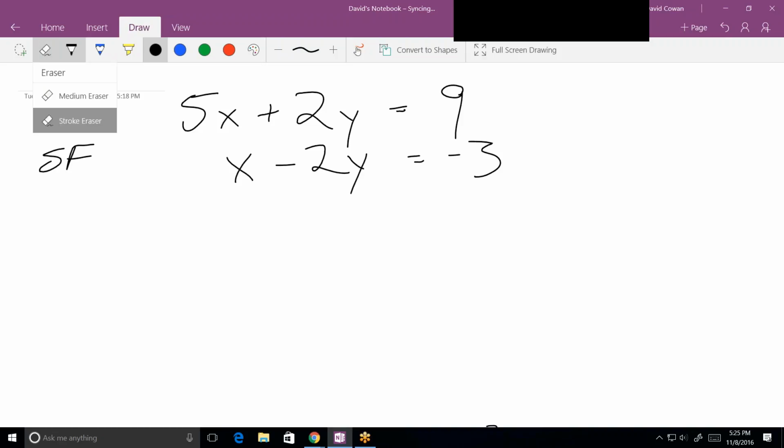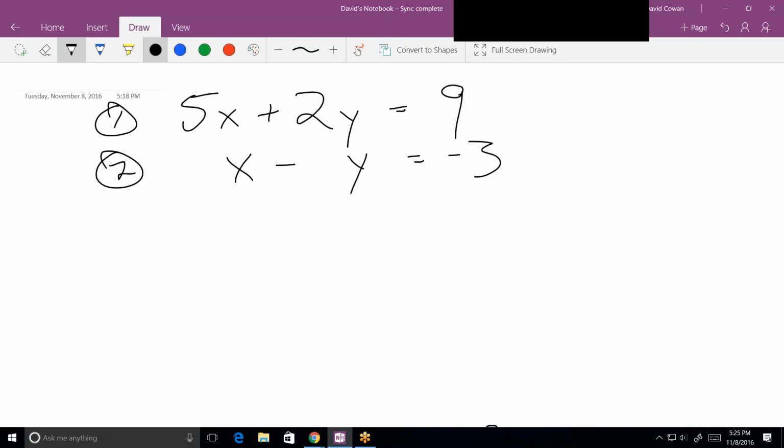No pun intended. Now let's change the problem to this again. Notice, if I add or subtract, I do not eliminate a variable, right? But what if I take equation number 2 and multiply both sides by 2?